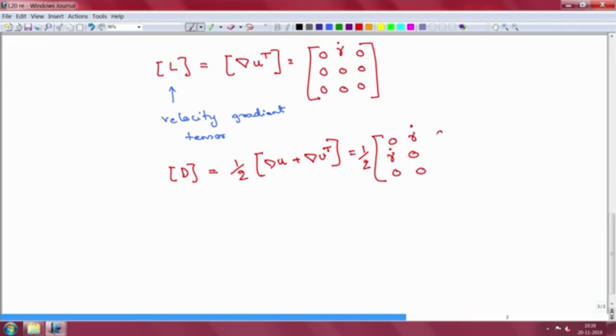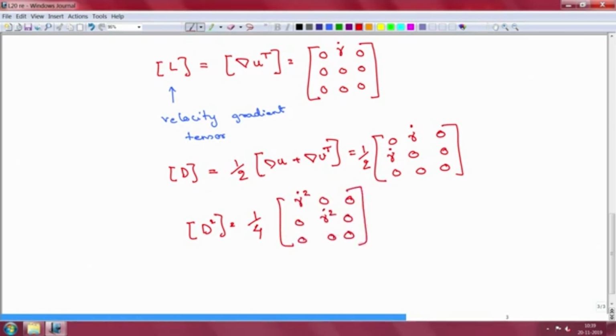The rest of the terms are again 0, and gamma dot is the shear rate for this entire system. You can quickly double check: you can calculate d squared, and you can see that it will be equal to gamma dot squared in the diagonal entries, 0 elsewhere. From this, if you calculate the generalized shear rate, you find that it is just gamma dot in this case.